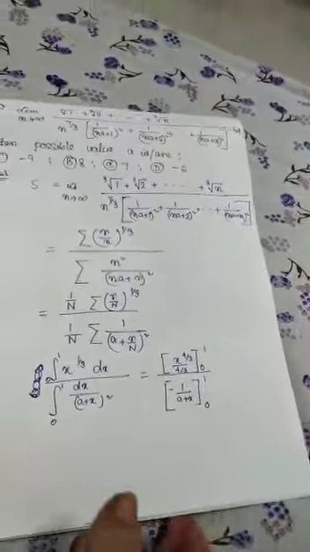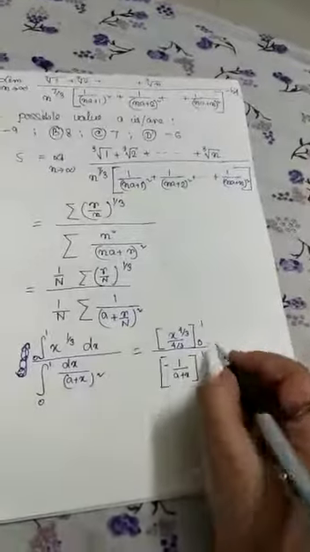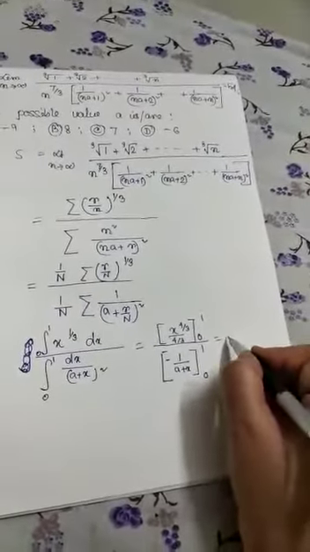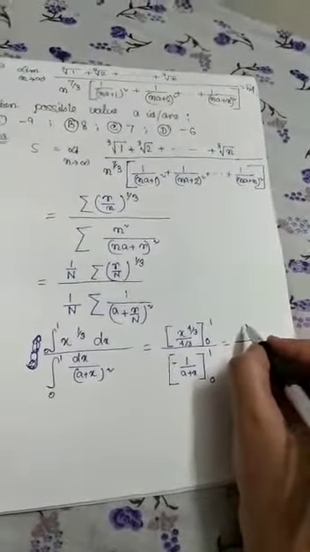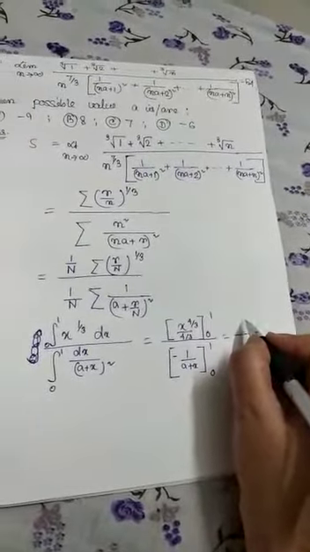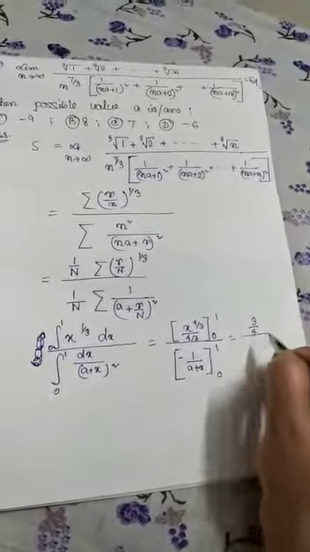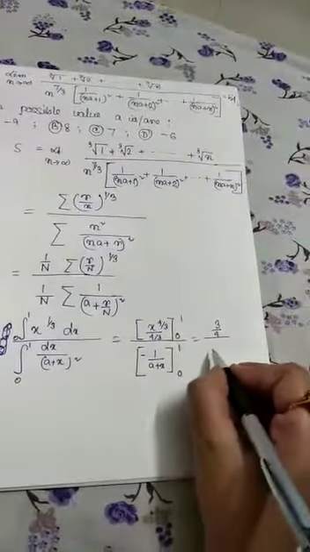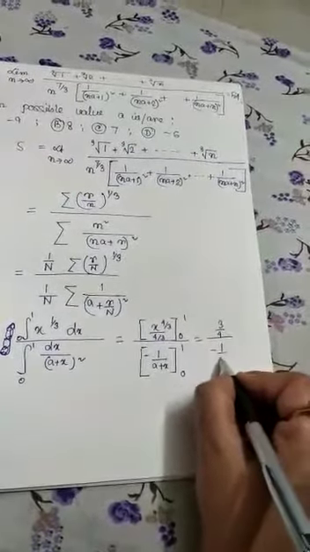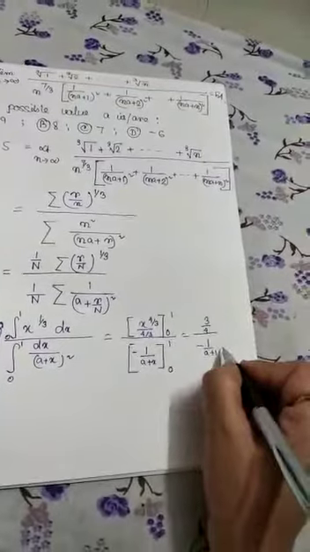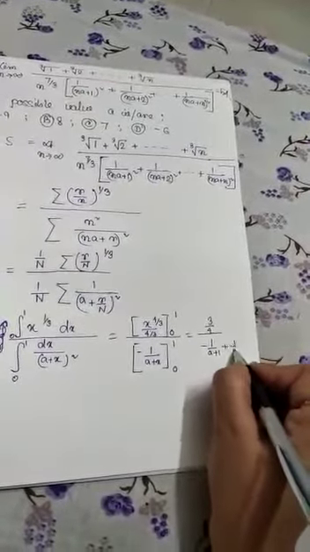After applying limits 0 to 1, we get 3 by 4 for this one, and for this one minus 1 by (a plus 1) plus 1 by a.